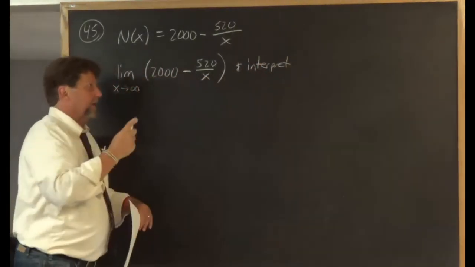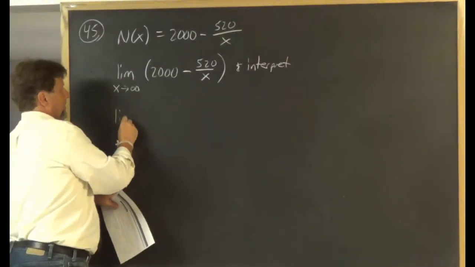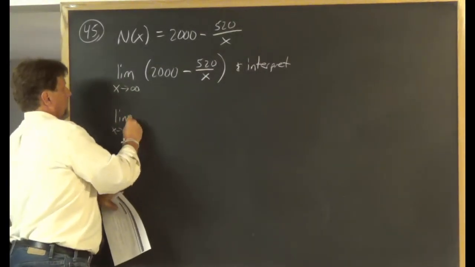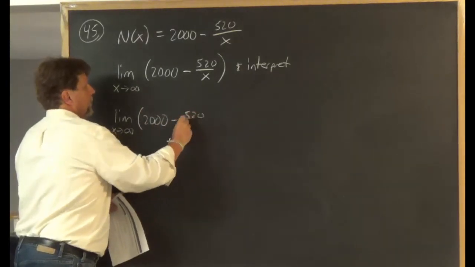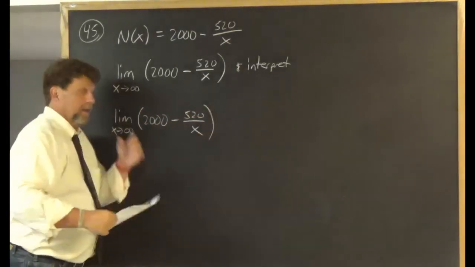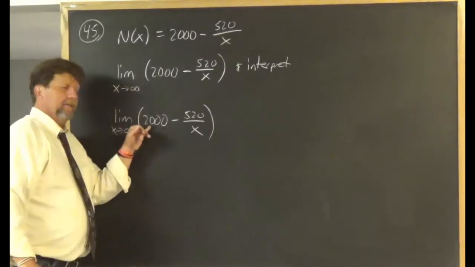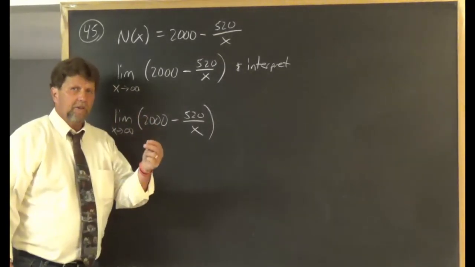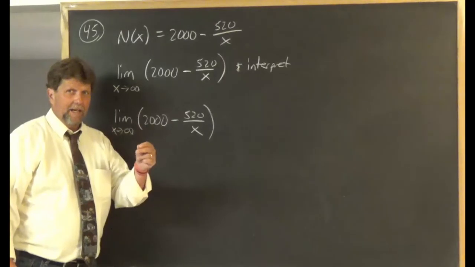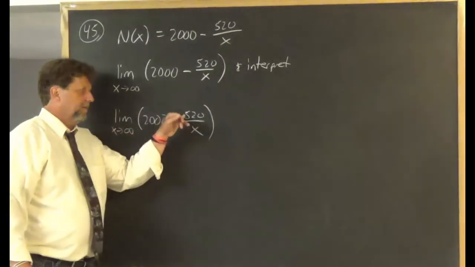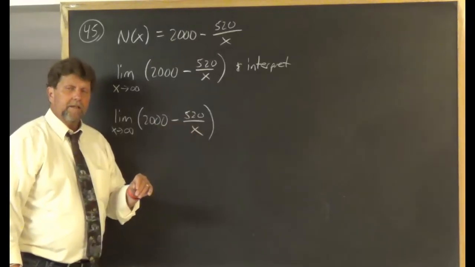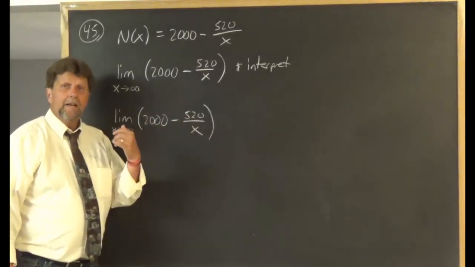Well, the first thing, let's get this limit. A couple of things embedded in here. First, the limit as x goes to infinity of 2,000 is 2,000. Remember, the limit of a constant is a constant. Second, the limit as x goes to infinity of 520 over x, well, that's 0.